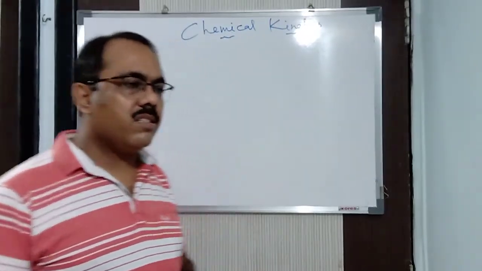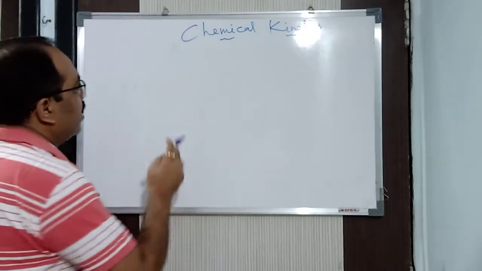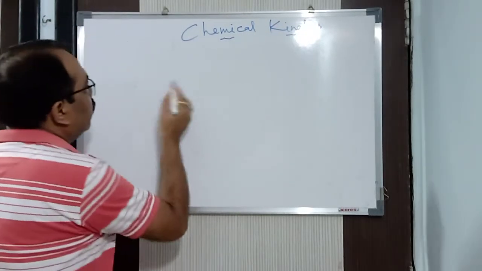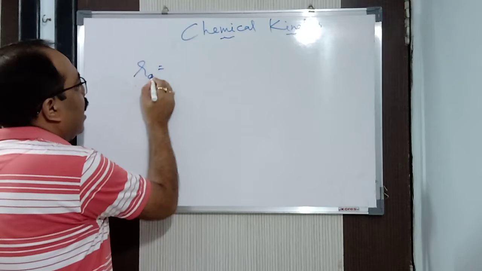Now see, the symbols are also different. For the average rate of reaction, we use R, let us say R average.